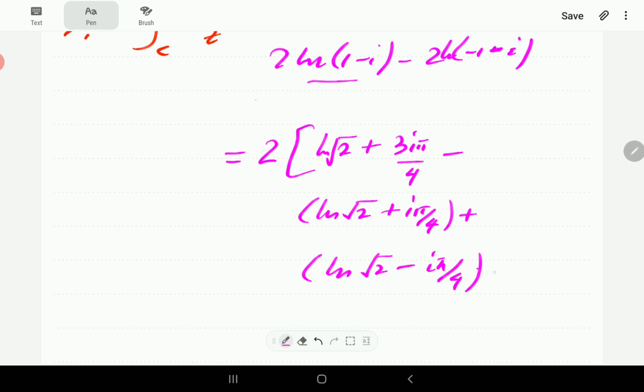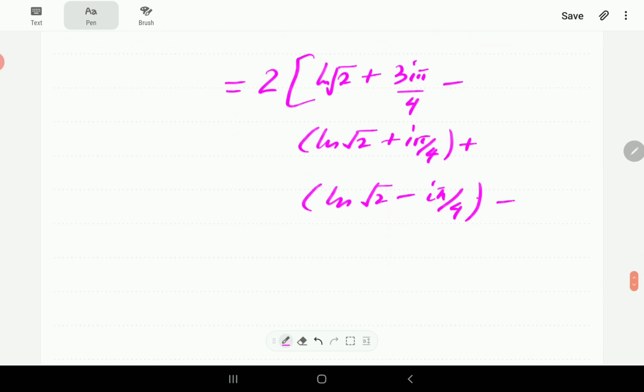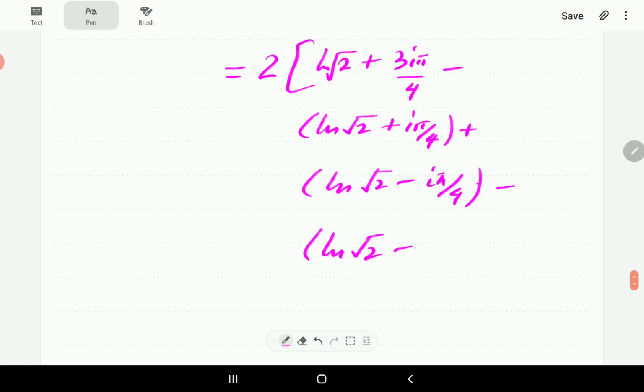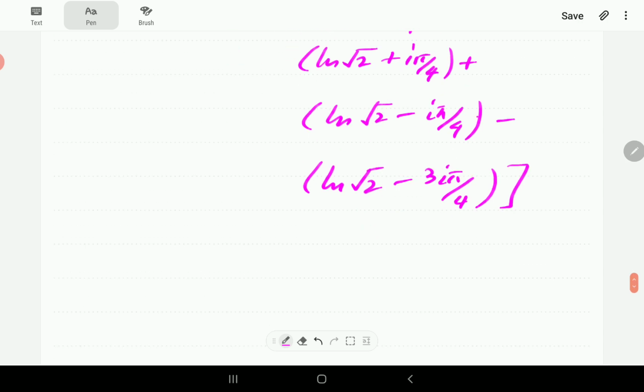Then we are going to have take away again ln root 2, minus 1 minus i is in the third quadrant, so this is going to be minus 3i pi over 4. Okay, so this is what's going to happen. Then everything is multiplied by 2.